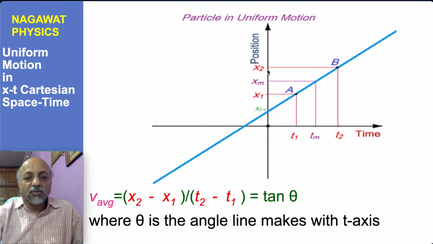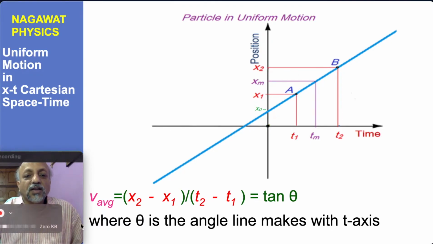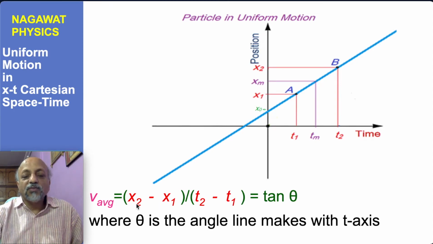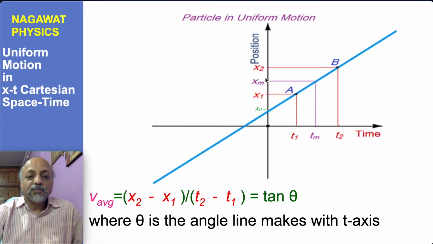Then the average velocity is the displacement, x2 minus x1, upon t2 minus t1, equal to tan theta. Since x1 and x2 are both positive and the difference is also in the positive x direction, this is the magnitude of average velocity, and its direction remains the positive x-axis.